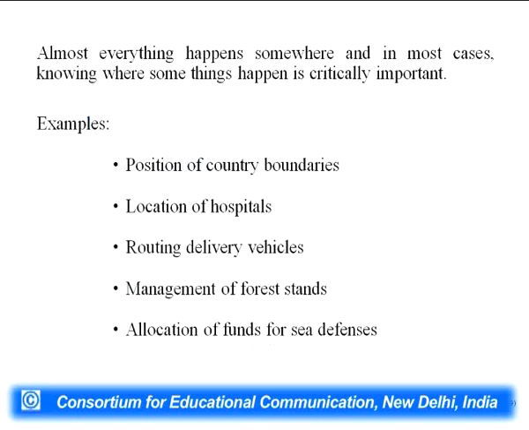Almost everything happens somewhere, and in most cases knowing where something happened is critically important, and GIS helps in knowing this. It helps in providing the position of country boundaries, location of hospitals, routing of delivery vehicles, management of forest stands, and allocation of funds for sea defenses.